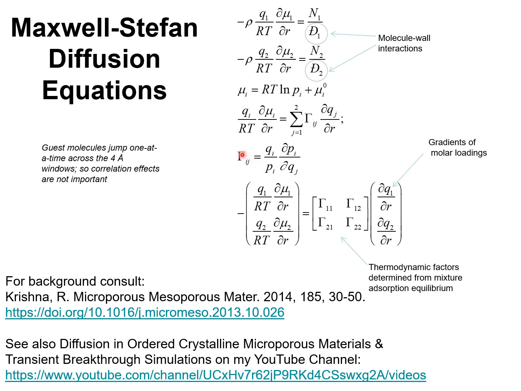The expression for gamma ij is given here, in which Qi is the molar loading of component 1, P sub i is the partial pressure of component 1.